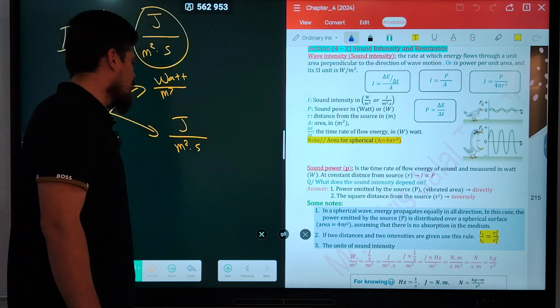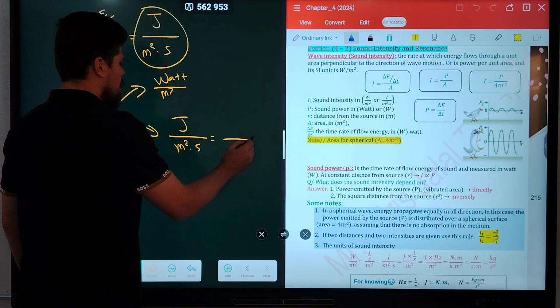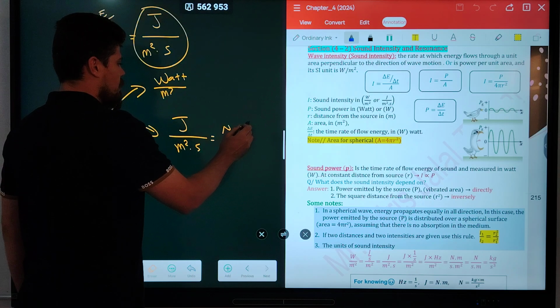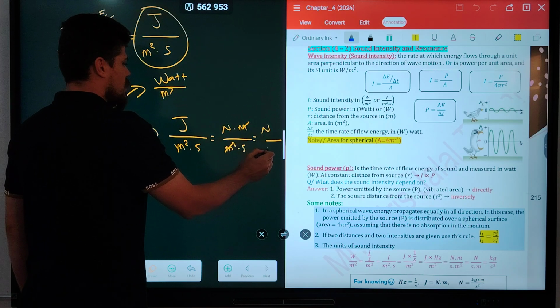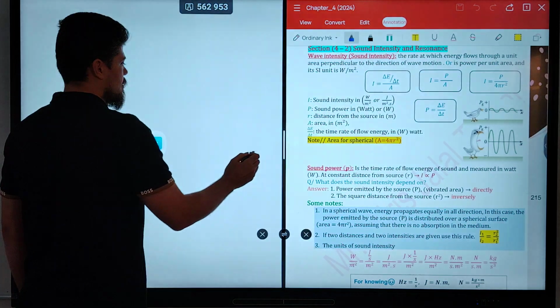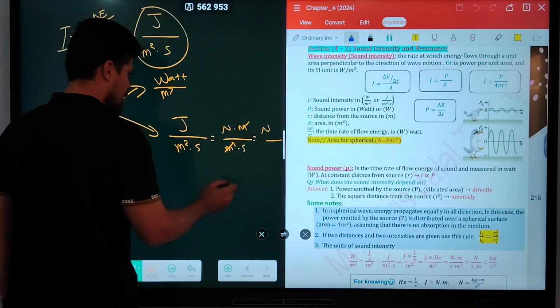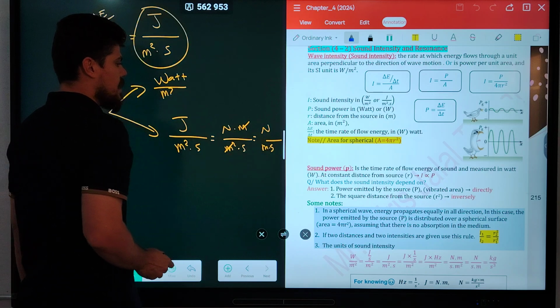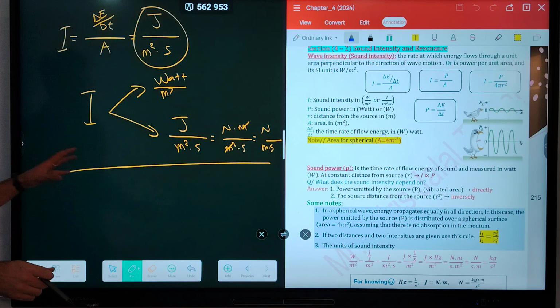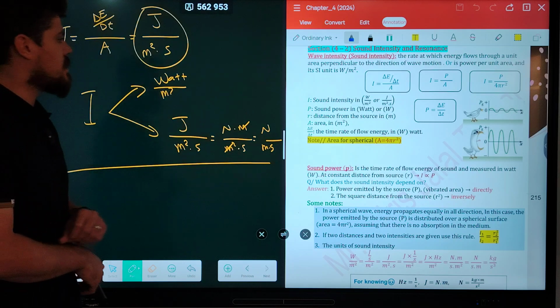Also you can convert joule to newton meter, so newton meter over meter square second. Meter with meter cancel, giving newton over meter second. This is the equivalent unit of intensity of sound.